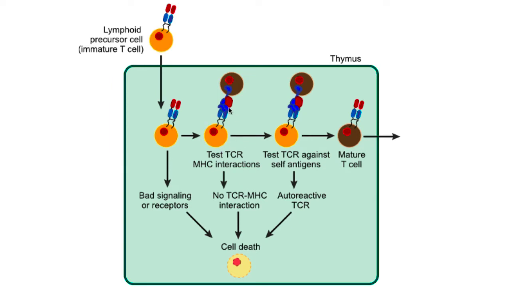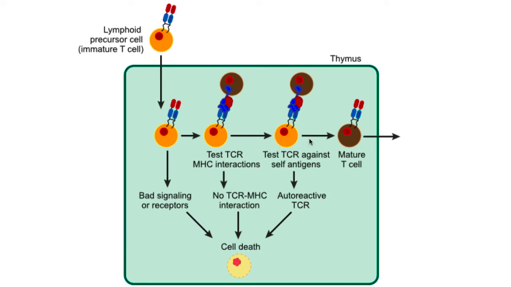It's then tested to see if the T cell receptor can interact with an MHC molecule. Again, if the interaction isn't productive, then the T cell is allowed to die. Then finally, you test this T cell against various self-antigens present in the thymus, and if it reacts to any of them, it's an autoreactive T cell and it's allowed to die.